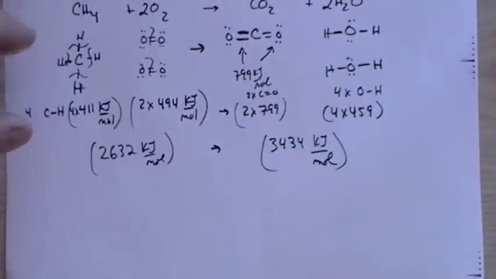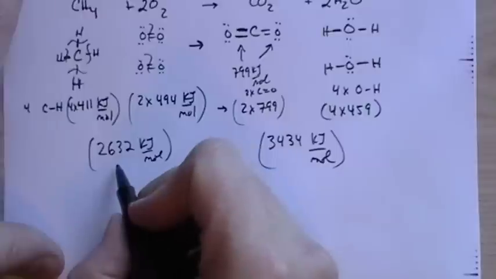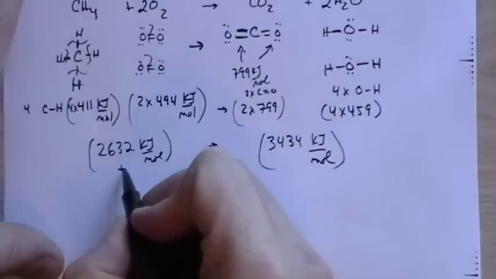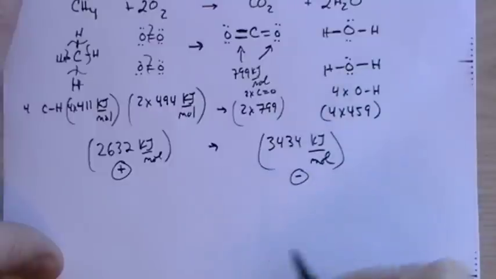Now remember our exothermic versus endothermic, where the energy goes in or it comes out, we'll be able to tell by the sign. Well, we had to put energy in here, so this will be positive, and this energy was released, so this is negative.